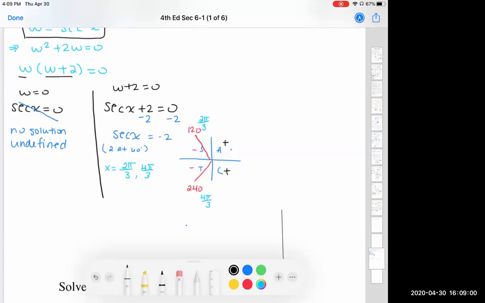My final answer is x is equal to 2 pi over 3 plus 2 pi k and 4 pi over 3 plus 2 pi k, where k is contained in your integers.